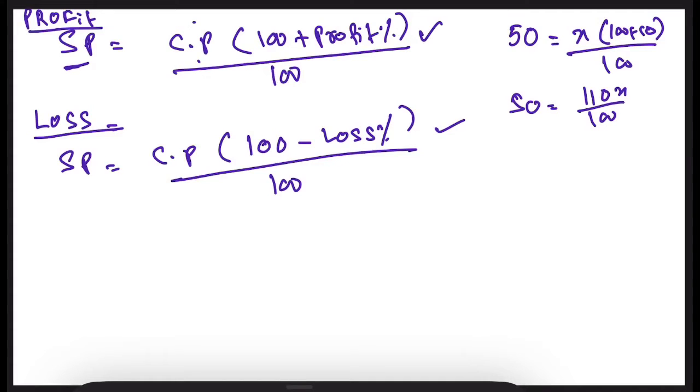Now, you will multiply: 110 X equals 100 into 50, X equals 5000 by 110. So, you will calculate this way. So, anything, if you know CP, you can find SP, or put X and find out whatever it may be. Okay. So, these are the two formulas and you have to know them.